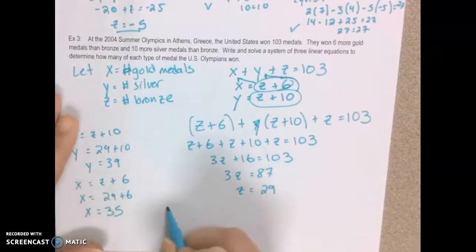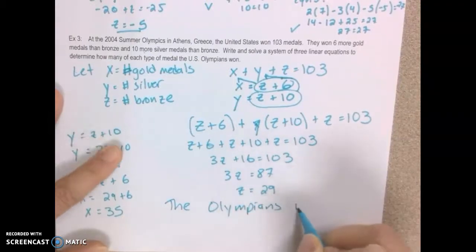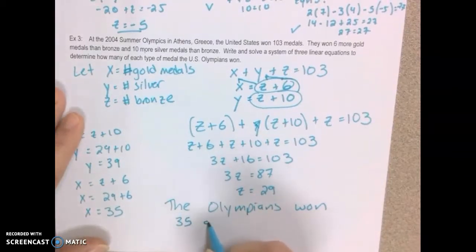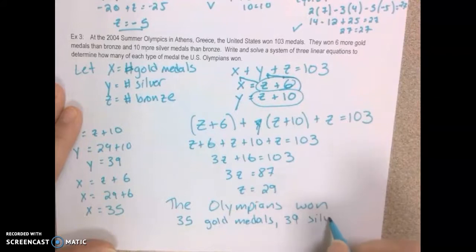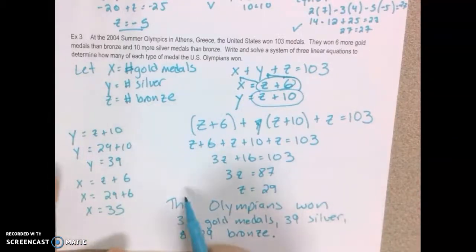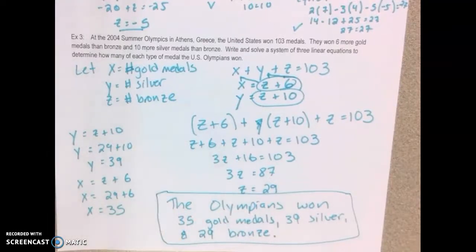So to answer the question, you could say the Olympians won, so x was our gold medals, so 35 gold medals. Y was our silver, so 39 silver, and 29 bronze. Make sure, since it's a word problem, you write your answer out as a sentence, and then go ahead and work on your skills practice, and let us know if you have any questions.